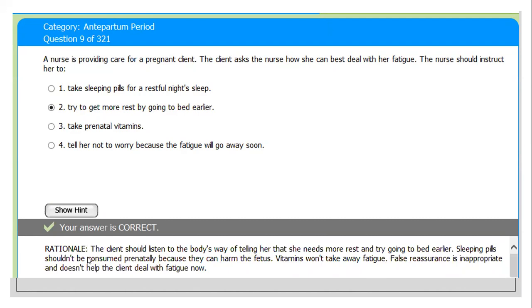Sleeping pills should not be consumed prenatally because they can have very adverse effects on the fetus. Vitamins would not take away fatigue. False reassurance is inappropriate and does not help the client deal with fatigue now.